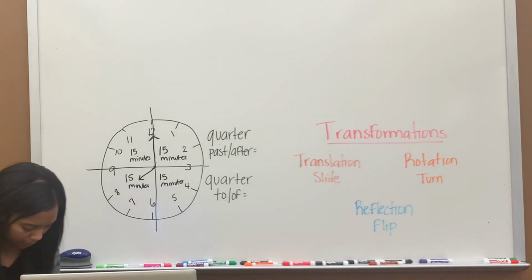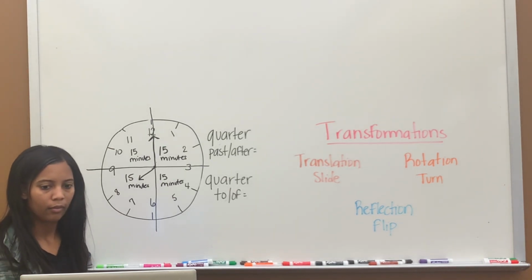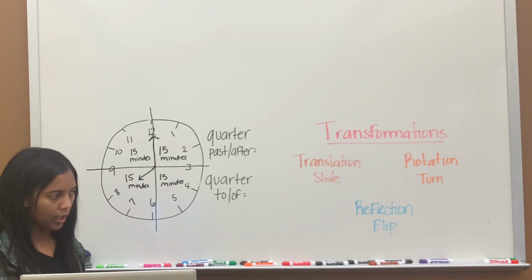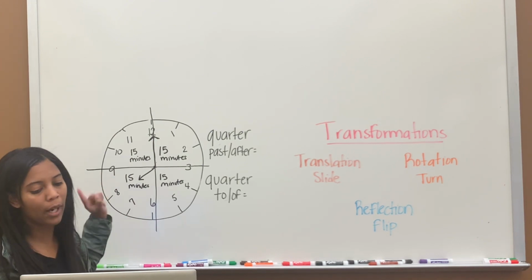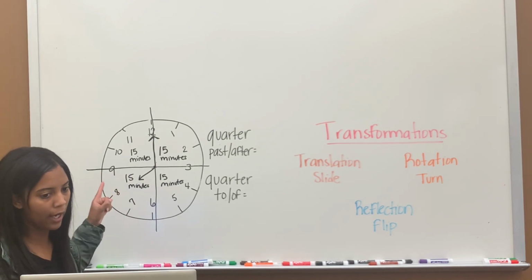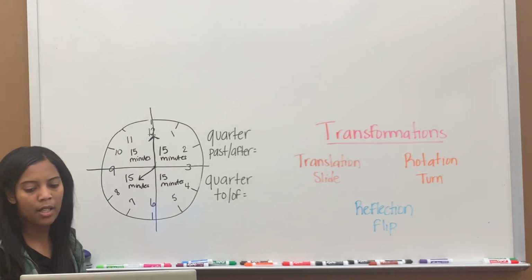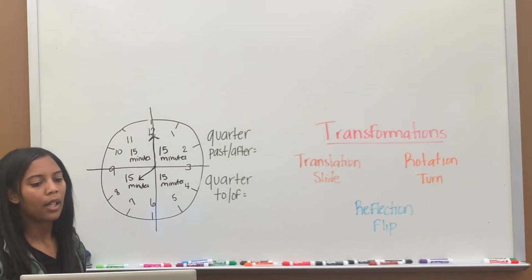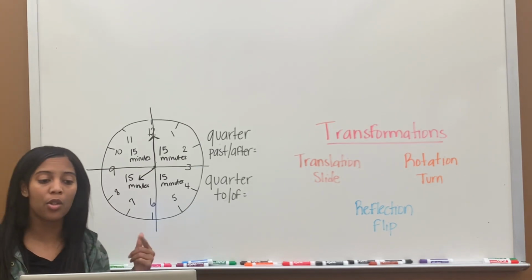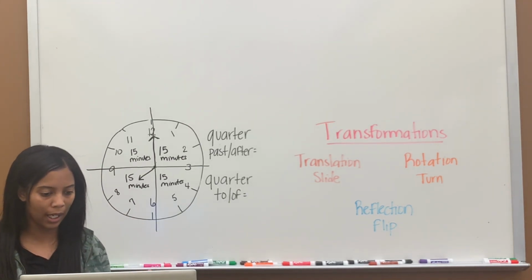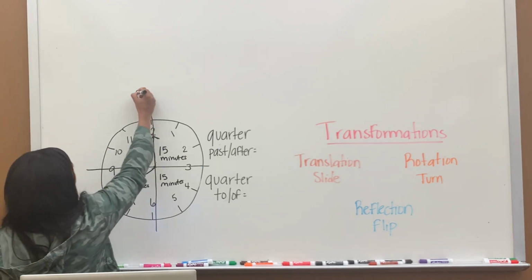What time is it? You can tell me. Good, thank you. So it is 8 o'clock right now on my clock, okay? Because my minute hand is pointing to the 12, and my hour hand is pointing to the 8. It is 8 o'clock. Keep that in mind, 8 o'clock. Let me put it up here.